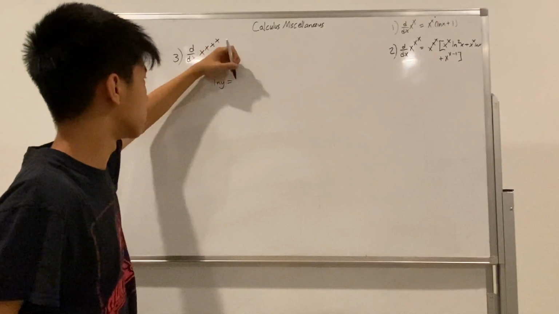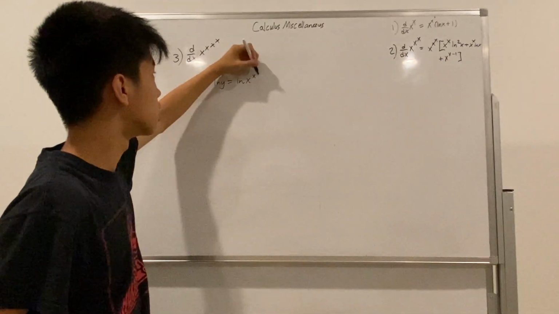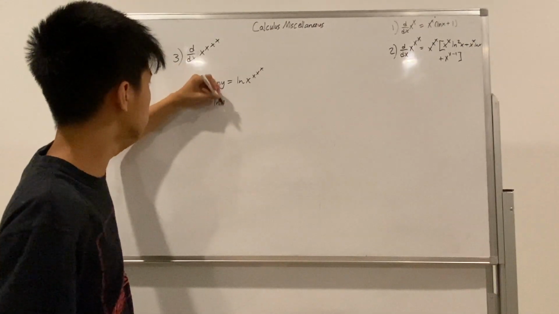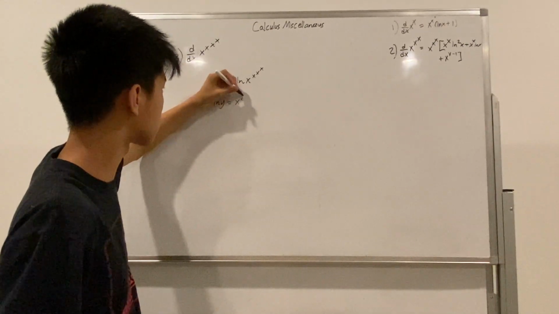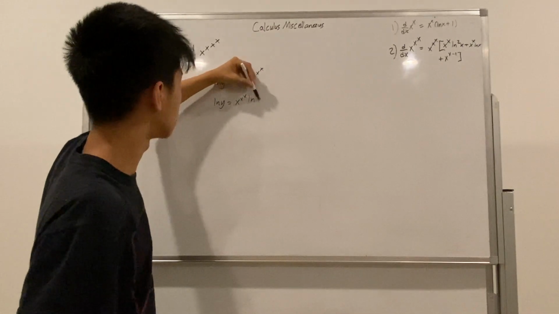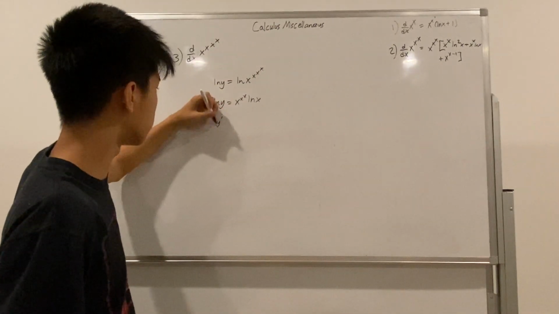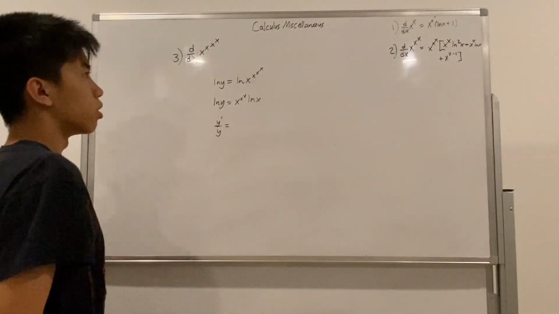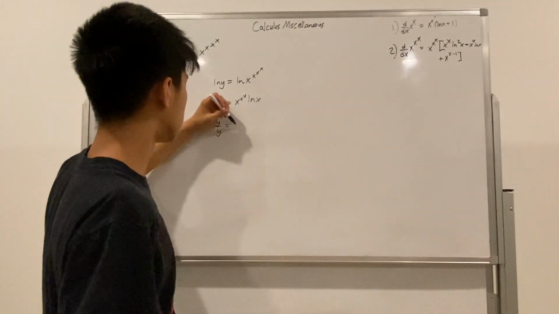So, like usual, we use that method from part 1 and part 2. Then we can use properties of logarithms, so x to the x to the x times ln x. Differentiate it, y prime over y equals, well, we can have that expression here.